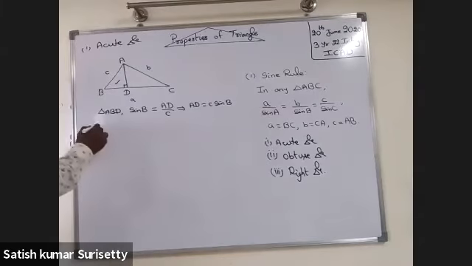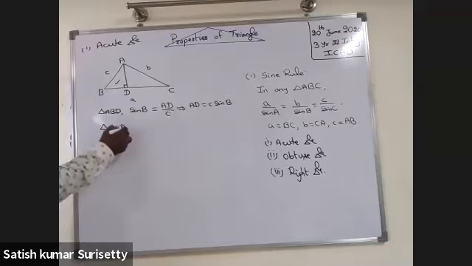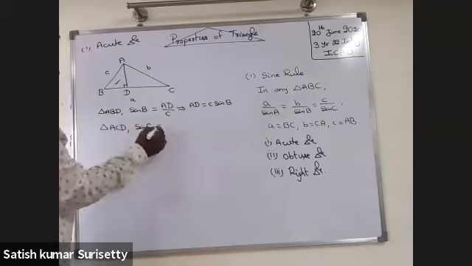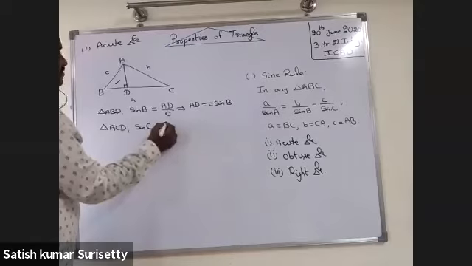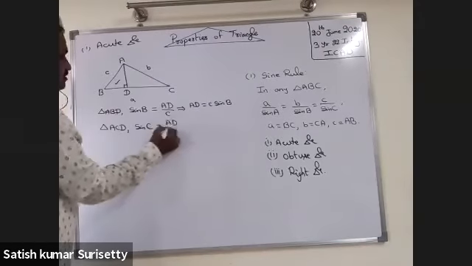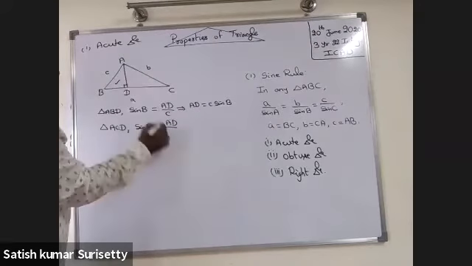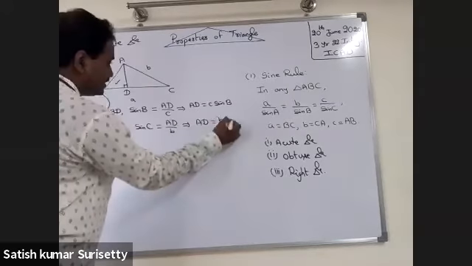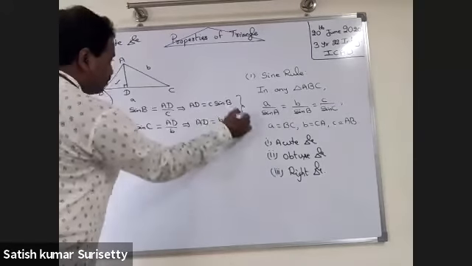In the same manner, in triangle ACD, what is sin C equal to in this triangle? AD upon AC. AC is what? b, which implies AD equal to b sin C. Now, both are equal to AD only.